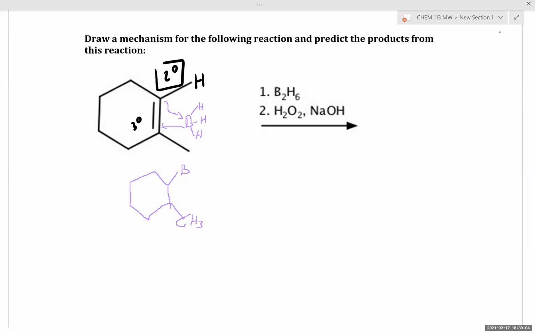And now our question becomes, how should we draw out the stereochemistry? So we're forming a bond to a hydrogen atom and a bond to the boron atom. And what is the stereochemistry for that bond forming event? Syn or anti?